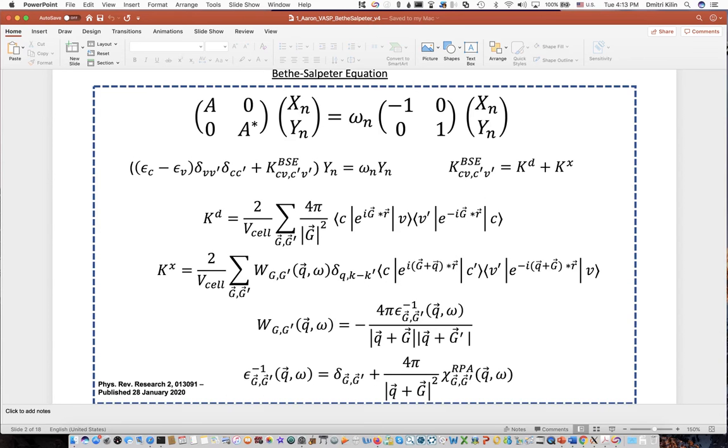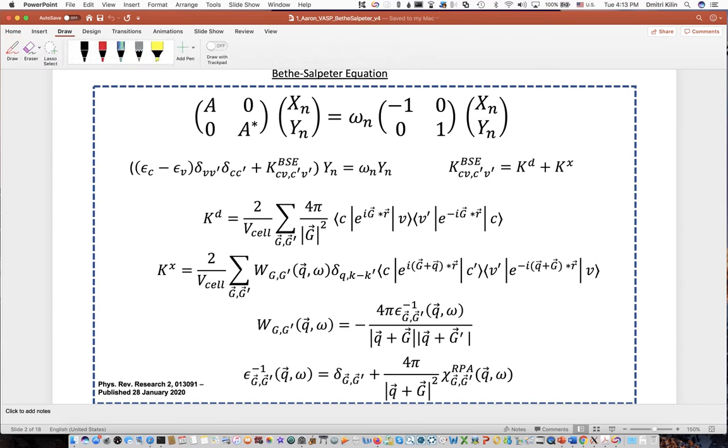The main summary of this slide is that I won't go into too much detail. Essentially what we need are orbitals, which are these C and V bra-kets in the second and third equations.